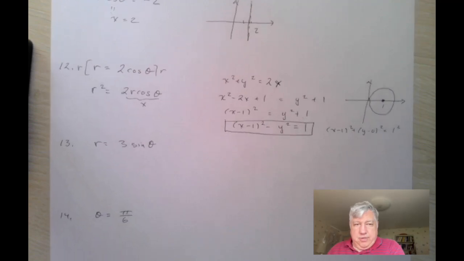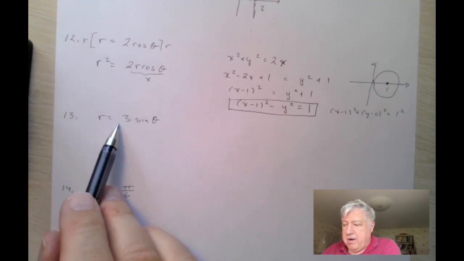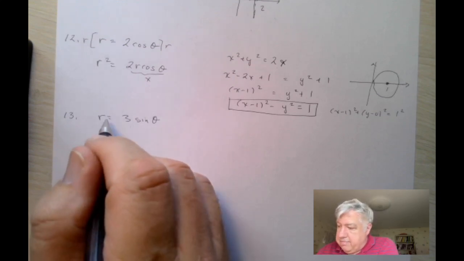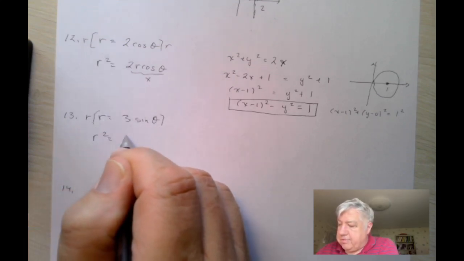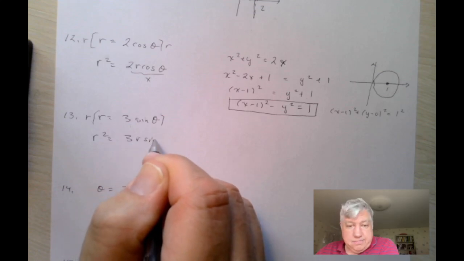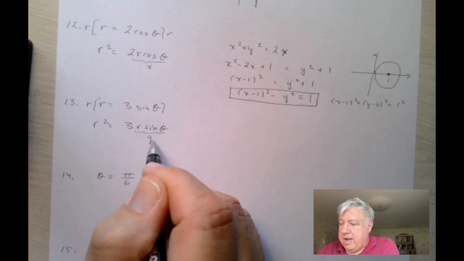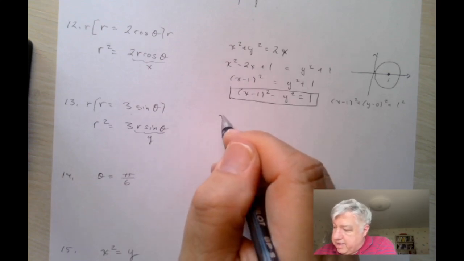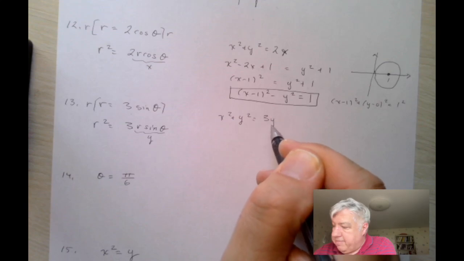Similarly, you can do the same thing for r equals 3 sine theta. Multiply both sides by r, and we get r squared equals 3r sine theta. We do this because r sine theta is y. So we get x squared plus y squared equals 3y.